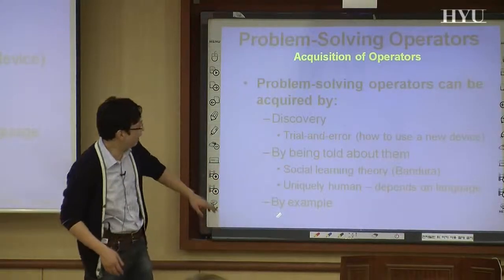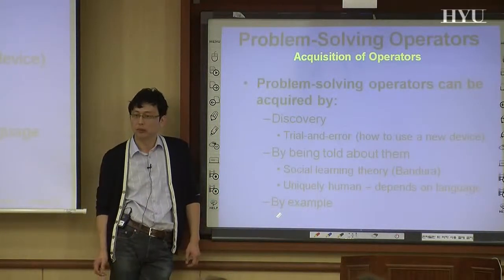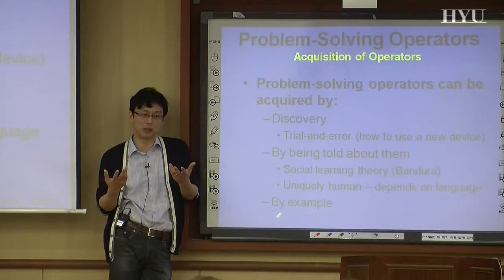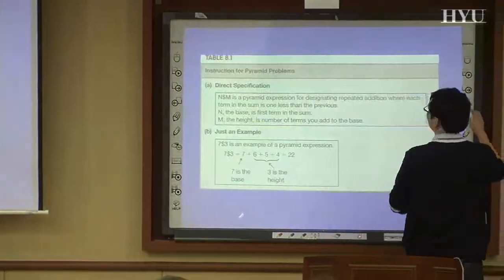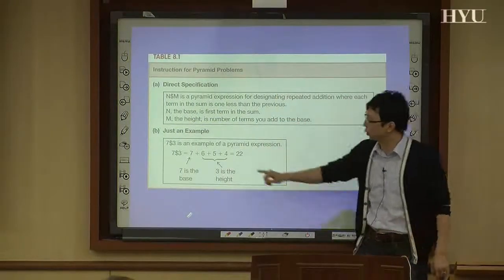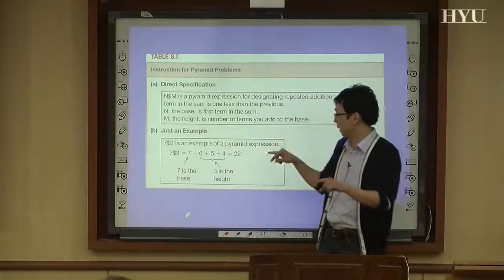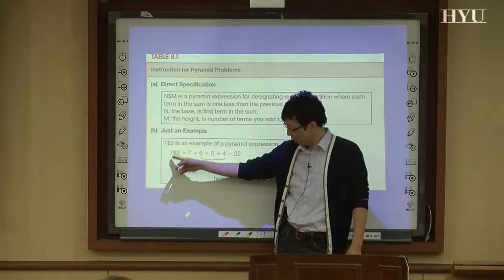And then a very useful thing is an example. If I show you an example like this one, this one is the instruction, and this one is how to solve the problem, like a pyramid expression. They made a pyramid expression like this one.